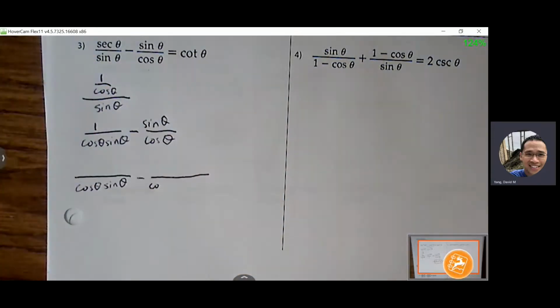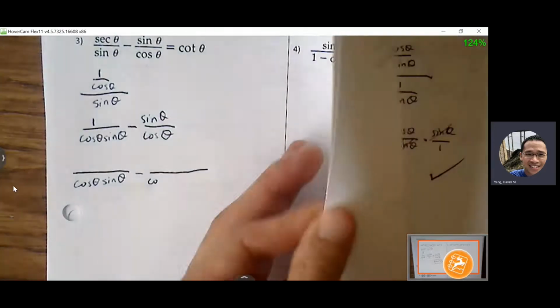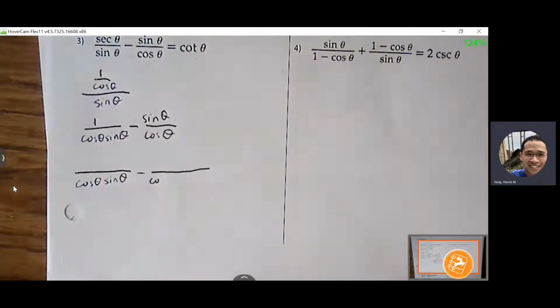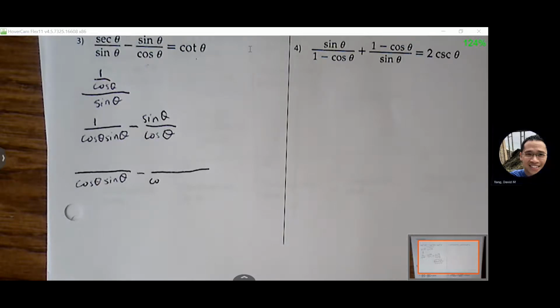Oh, shoot. Yeah, let me print it somewhere else. All right, see you.